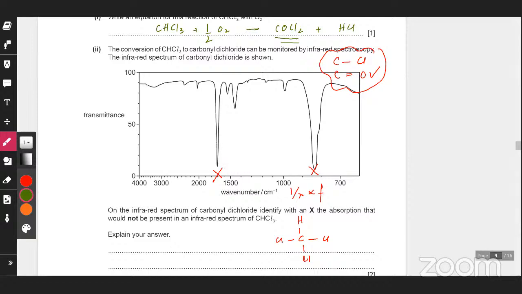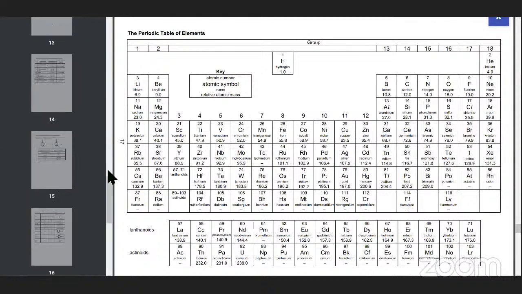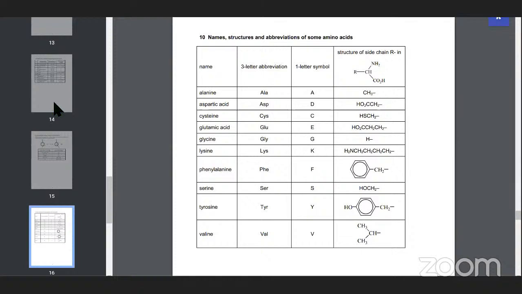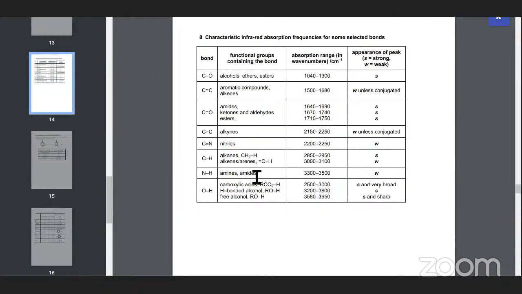For that, you would open the data booklet, and there's a page given over here where the infrared spectrum is shown, and you can see over here this is C double bond O. It covers amides, ketones, aldehydes, esters, all these compounds that have C double bond O. It has a strong absorption, around 1600 to 1750.